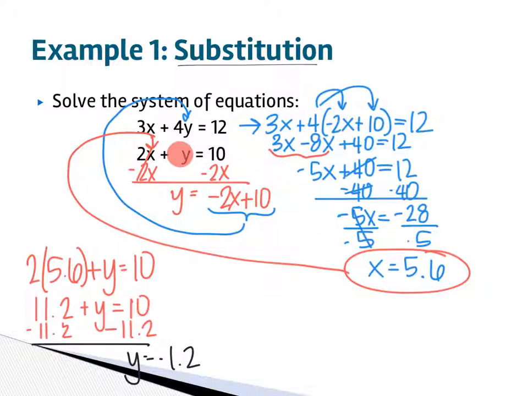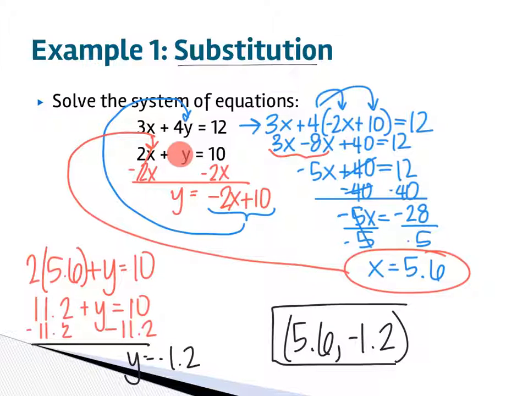So my solution to this is going to be 5.6 for x and negative 1.2 for y. Meaning if I had graphed these two lines on a graph, they would have crossed at the point 5.6 and negative 1.2.